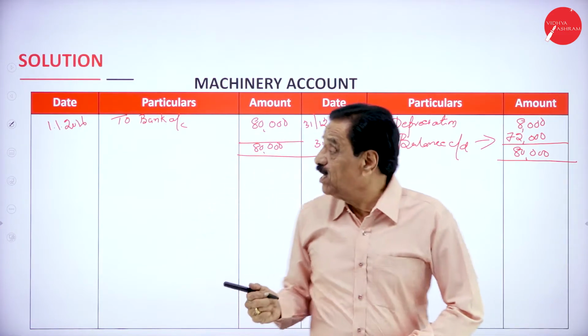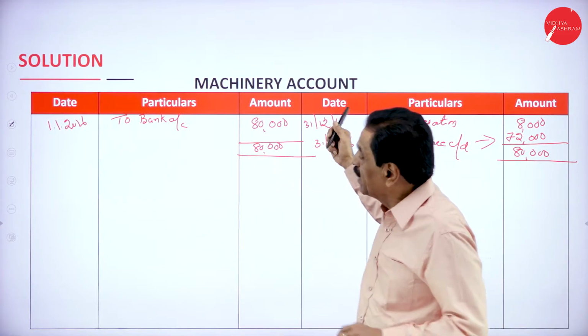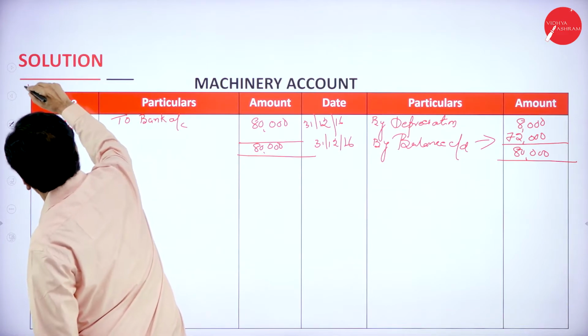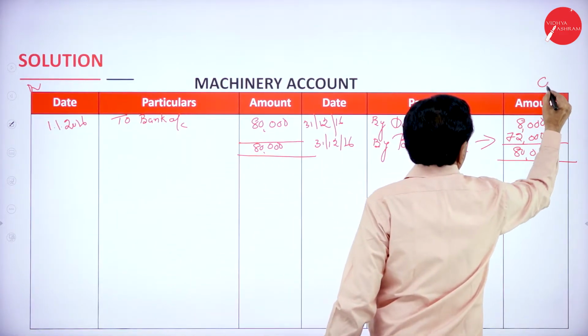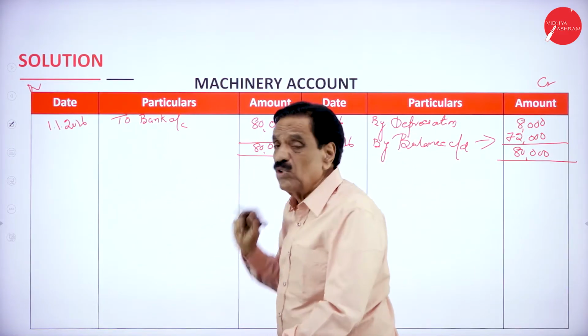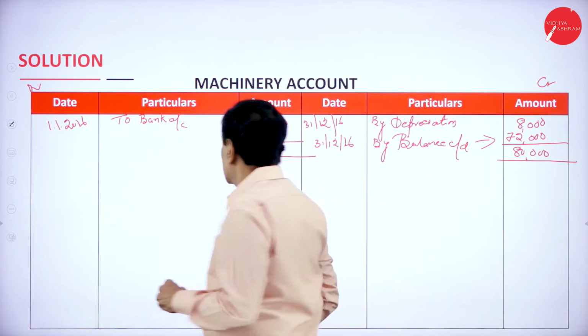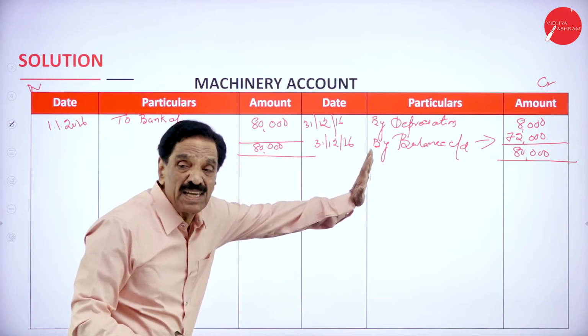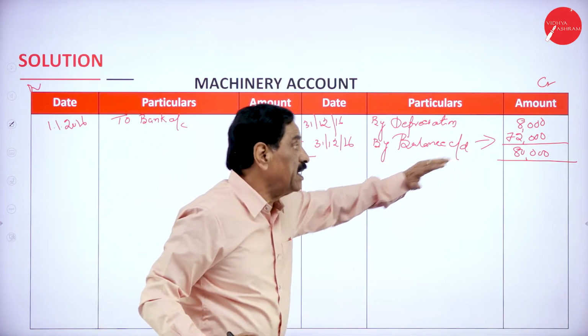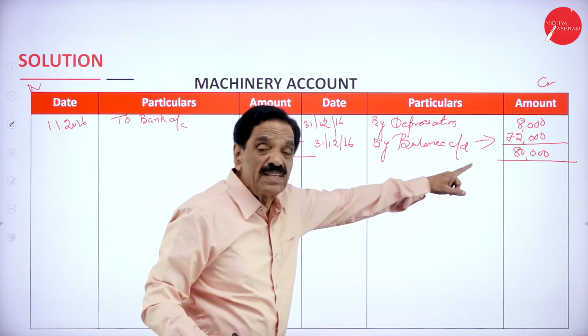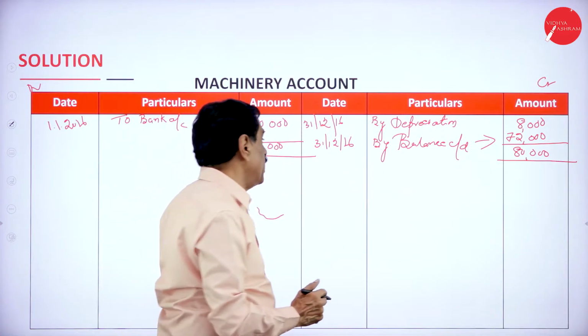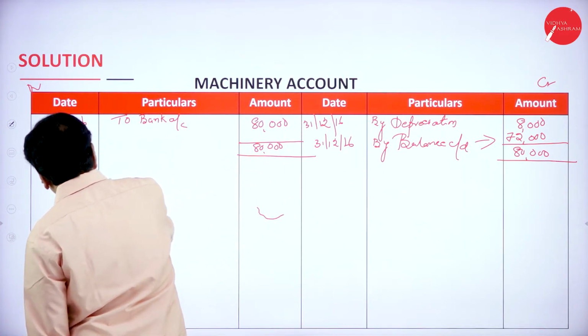What's your opening value? 80,000. What's the entry? Machinery account debit to bank account. You purchased the machine at 80,000. By depreciation, 10% of 80,000 is 8,000. Difference is 72,000. End of the year, brought down to next year.